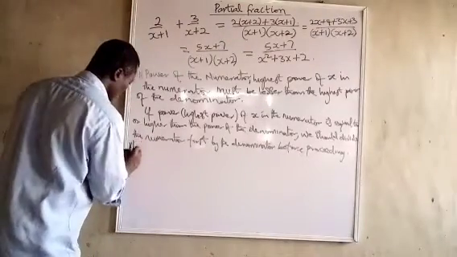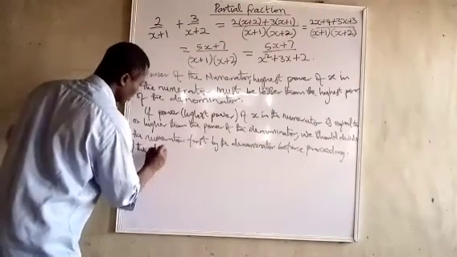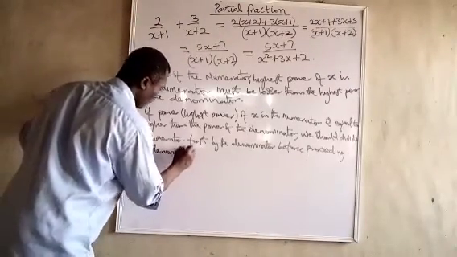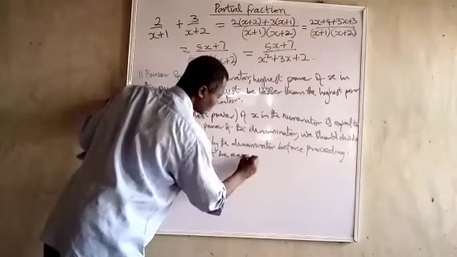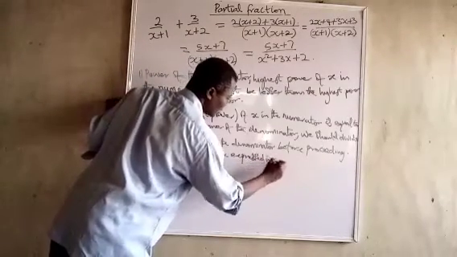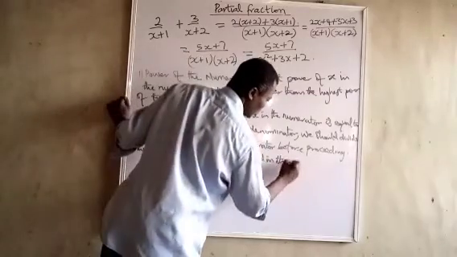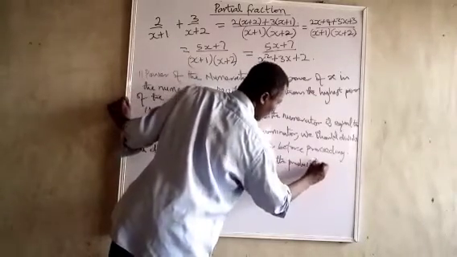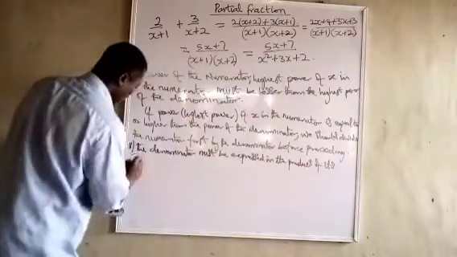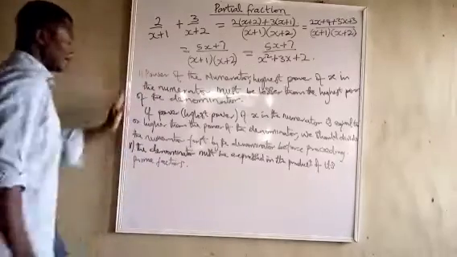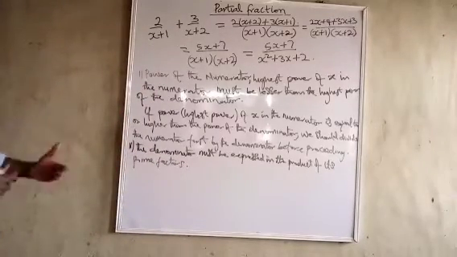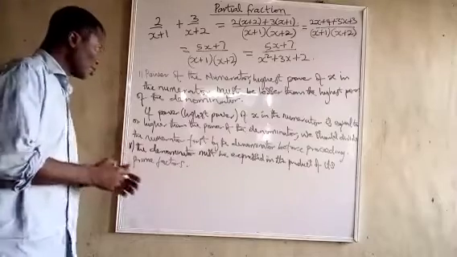So the denominator must be expressed in the product of its prime factors. Now, for now, let's talk like this. As we proceed, we'll be bringing in more rules.